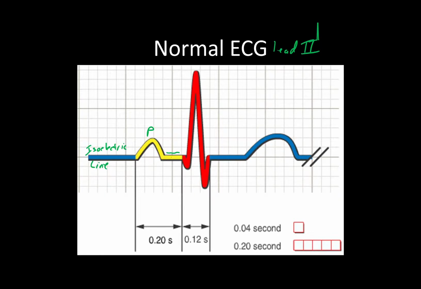Following this flat segment after the P wave, you're going to encounter your QRS. And so a Q wave is down, the first downward wave following the flat line, following the P wave. But Q wave goes down, followed by an R wave, which goes up, and then the R wave should be followed by an S wave.